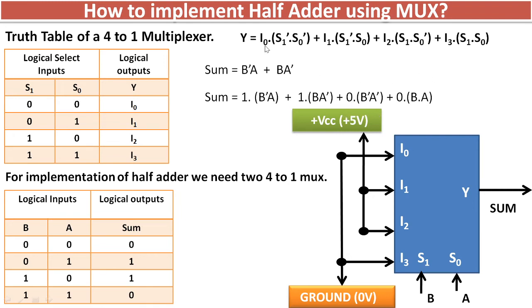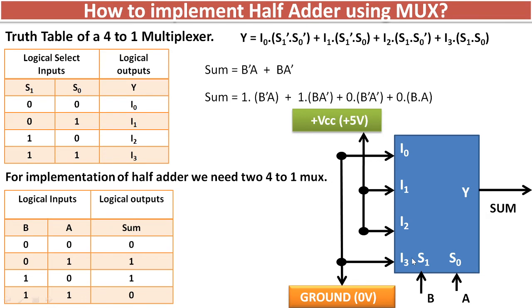That means I0 can be compared to this particular term. Here it is given as 0, so we'll connect that to the ground terminal. And here we have another term, which is B A, which is S1 S0, and the input is I3, which can again be compared to 0, hence connect this to 0.